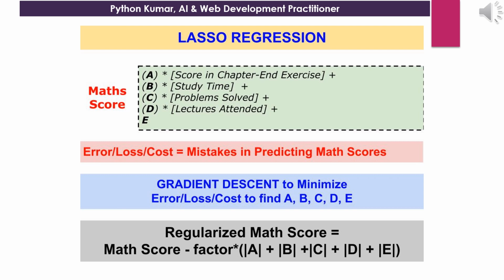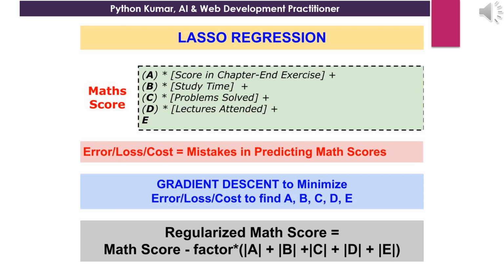Now the lasso regression, or the regularized math score I eventually find out, is actually the math score that I predicted previously minus some factor of the absolute value of A, the absolute value of B, plus the absolute value of C. That is the individual importance. I subtract that from the actual math score that I predicted, and this is the whole concept of lasso regression.